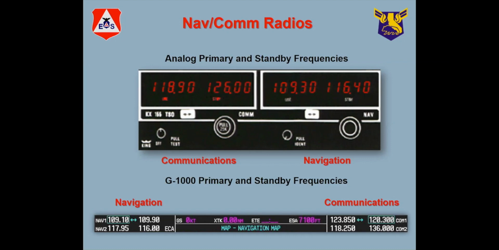The comms are the same on the other side. On the top depiction, and I don't think any of our airplanes have that anymore. Colonel, you got input on that? I think we've all converted, all the glass ones have converted to the new format with the Garmin systems, right?